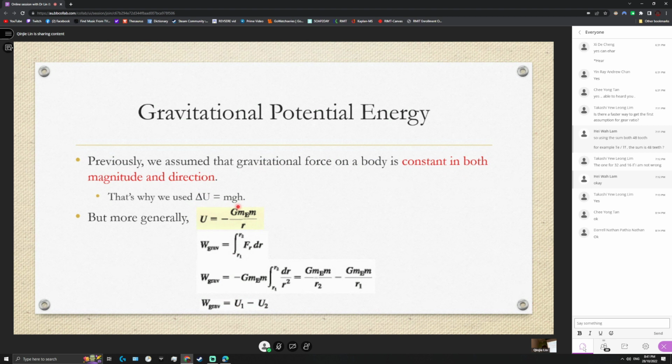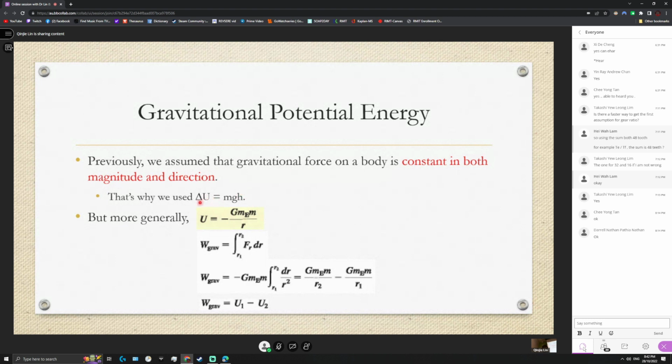But if we are looking at very large distances, because we are talking from one planet to the other planet, the height is not like 5 meters, it's very far away. When we are talking about distances like that, it moves away from, or closer to, some planet by a significant amount.